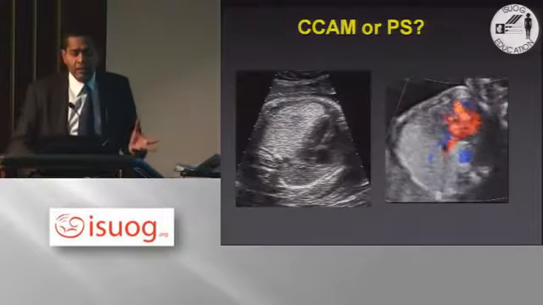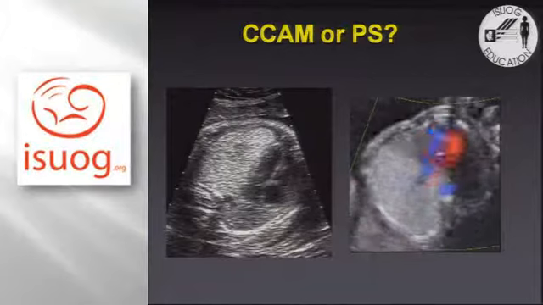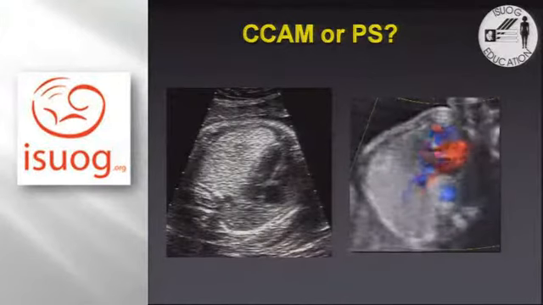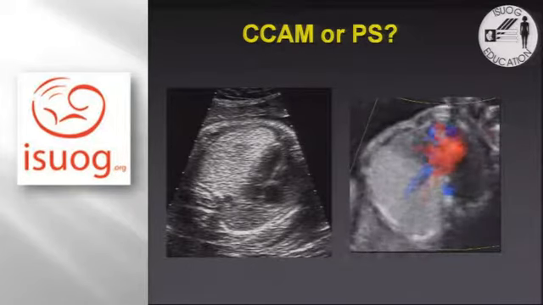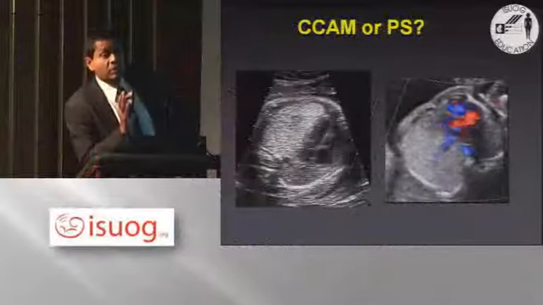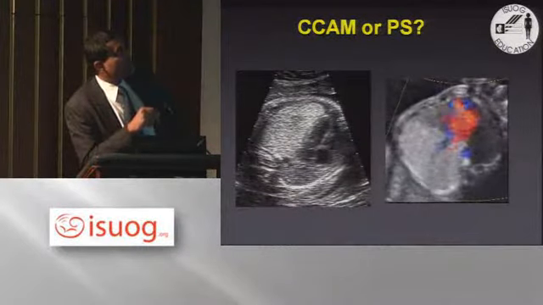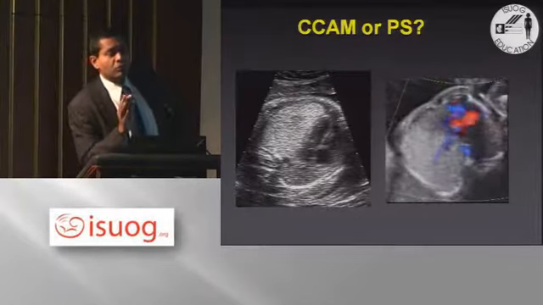Clinically, when you scan, everyone tries to make a distinction between CAM and pulmonary sequestration. The distinction being, you see this and you say, okay, I need to see if there is a separate arterial supply, because both CAM and pulmonary sequestrations do not connect to the bronchial tree.